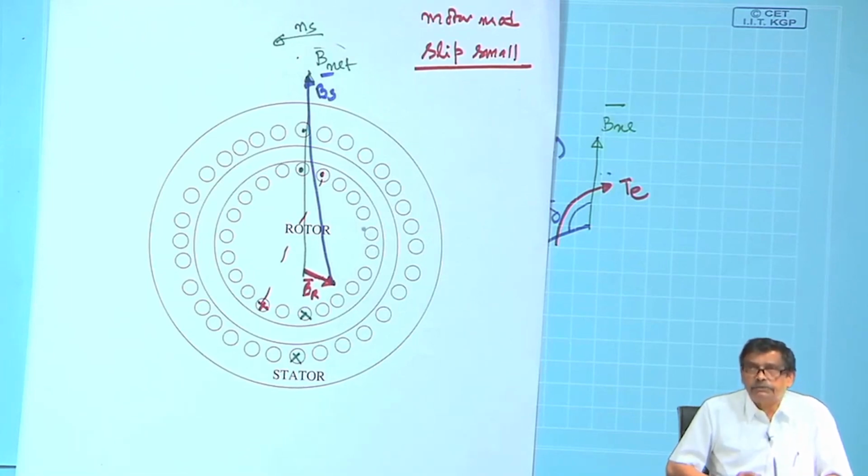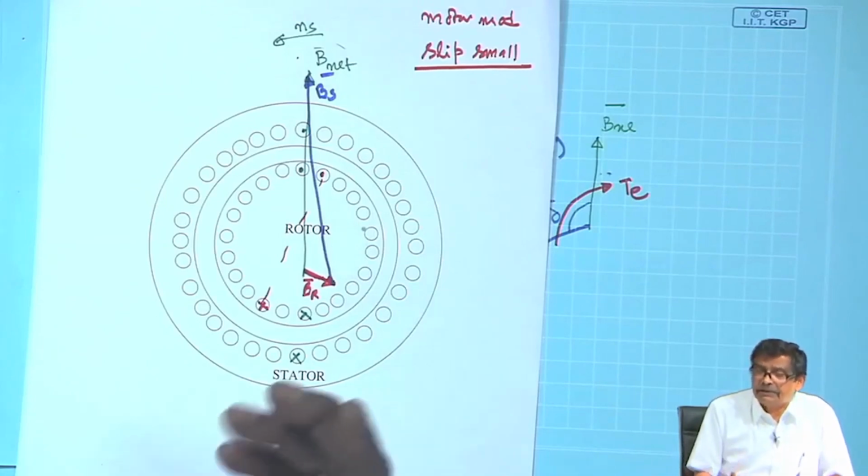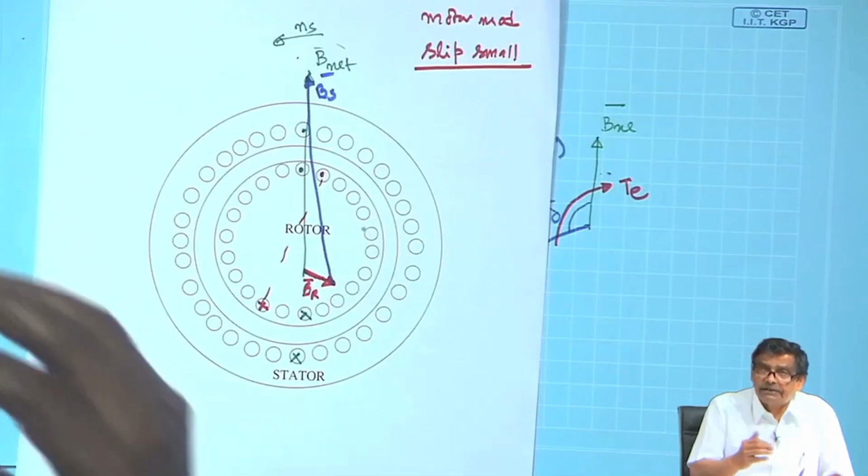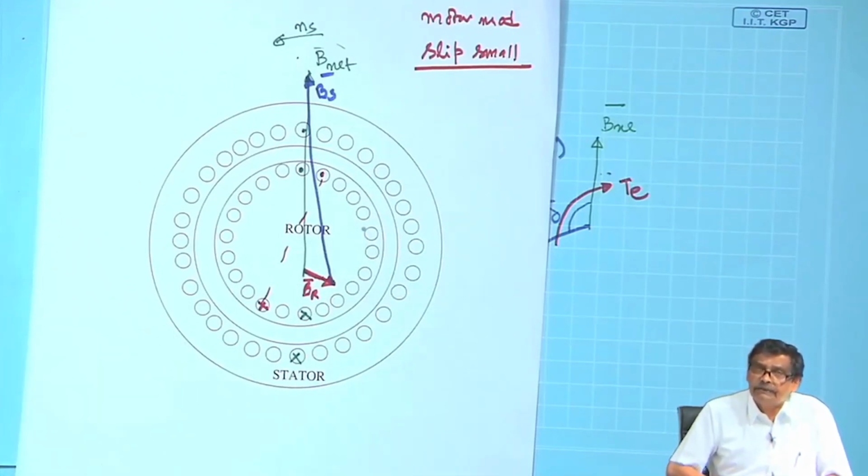But people like to express the torque in terms of the net field. Why? Because if you want to live with Bs and Br for analyzing the machine, nothing wrong in that, but then every time to calculate the induced voltage in the stator coil, you have to calculate it separately for Bs, separately for Br depending upon their relative velocities, and then finally come up with that. So, it is better that instead of individually calculating, you get the resultant field, net field.